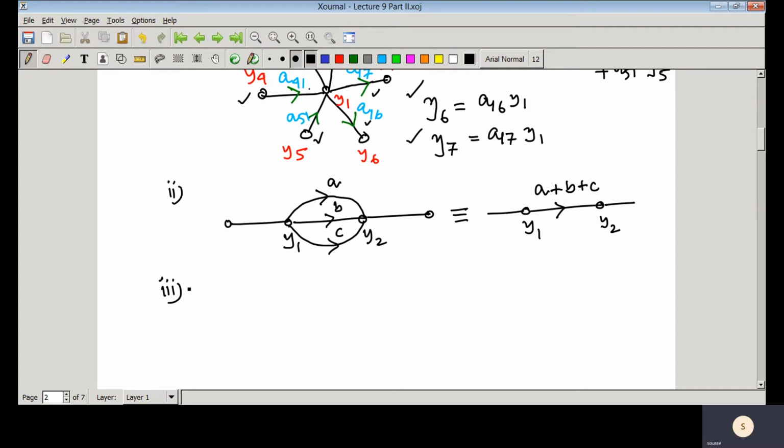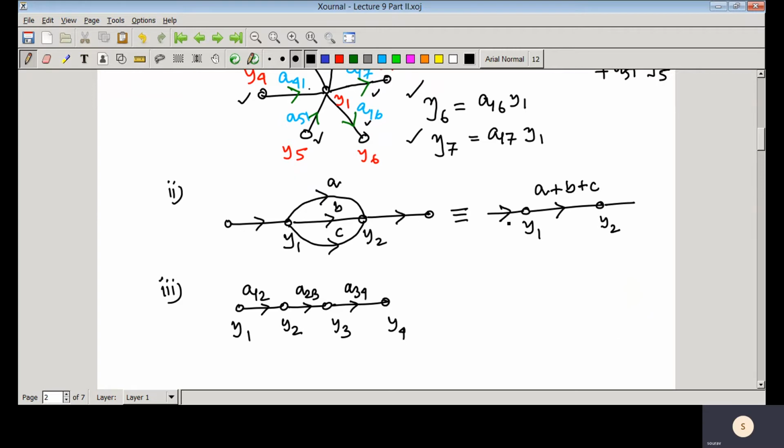Similarly, if you have say four nodes like Y1, Y2, Y3 and Y4, and suppose you have A12, A23 and A34, signal is flowing like this.